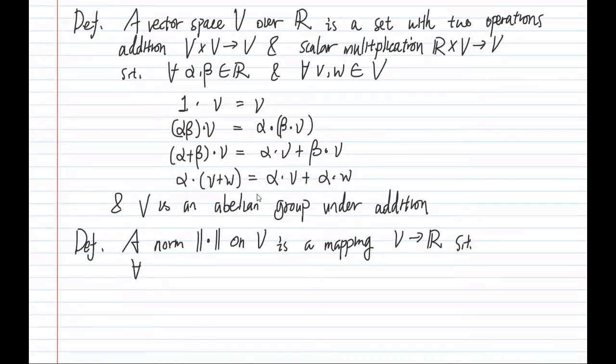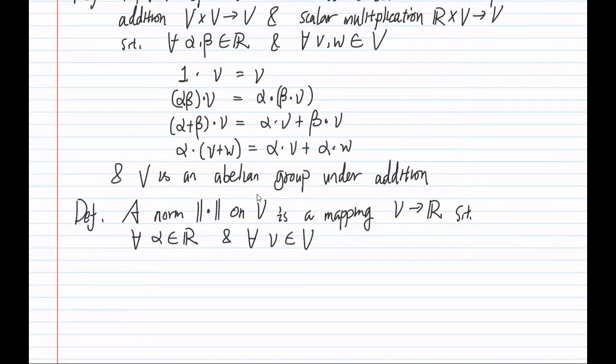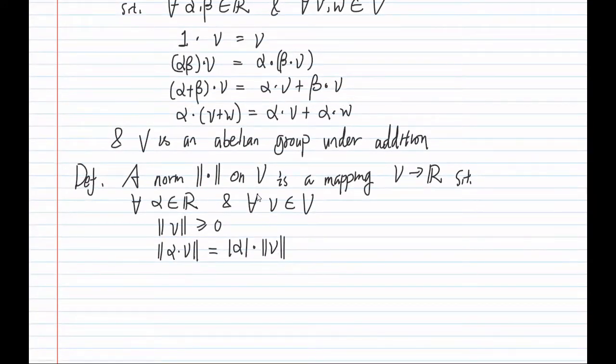for any alpha inside R and for any v inside V. The norm of v is always greater than or equal to 0, and the norm of alpha times v is always equal to the absolute value of alpha times the norm of v. And then we also have the triangle inequality, so I should probably include another vector here.